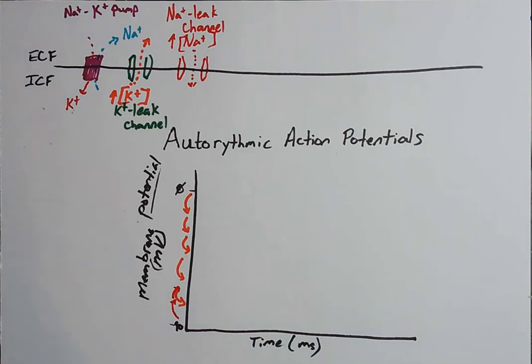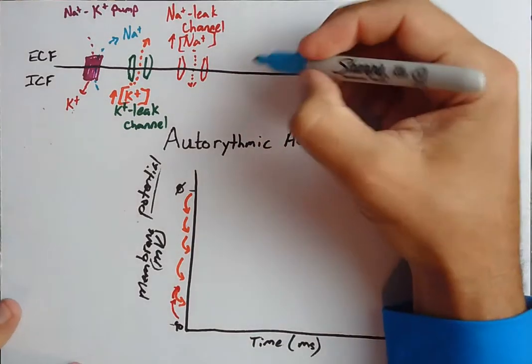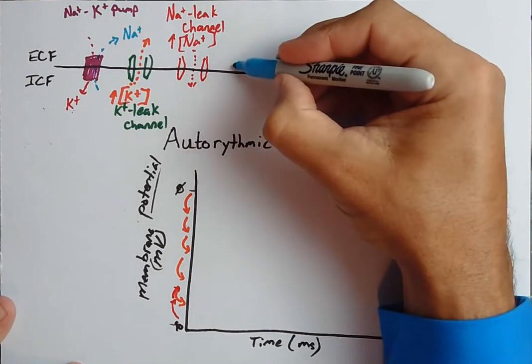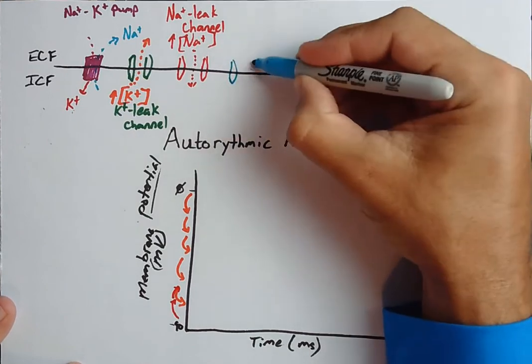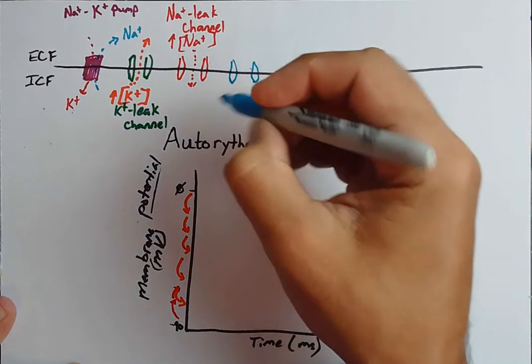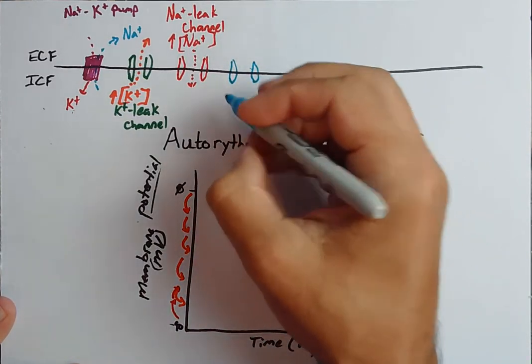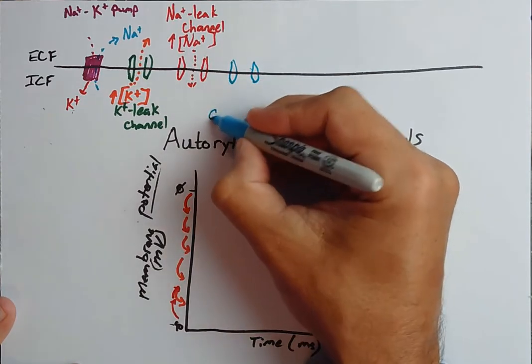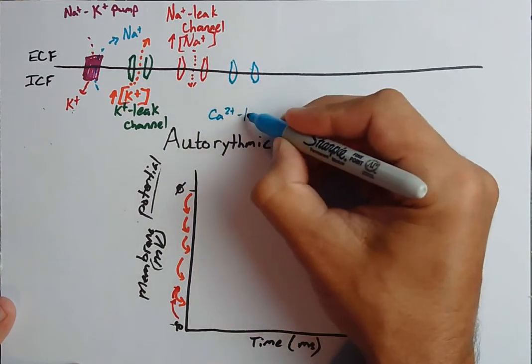In autorhythmic cells, they also have other types of leaky channels. In fact, they have a leaky channel that allows calcium to pass through them. These are going to have a specific name that we're going to identify in just a minute, but let's just start out by saying there are some calcium leak channels.